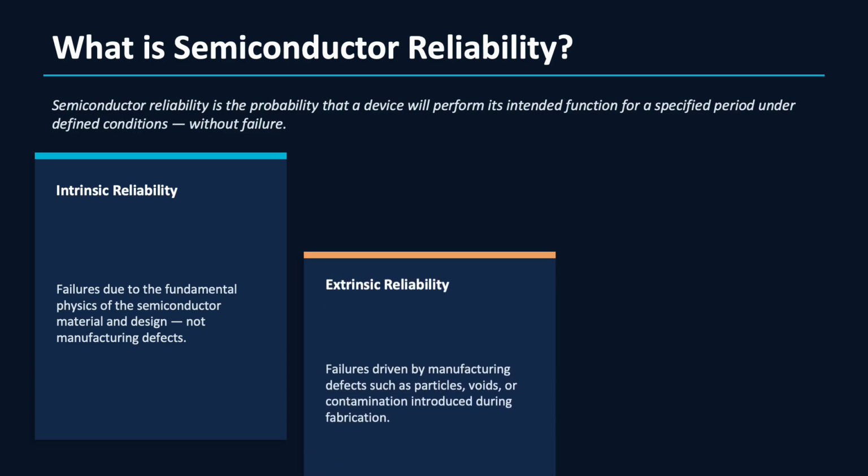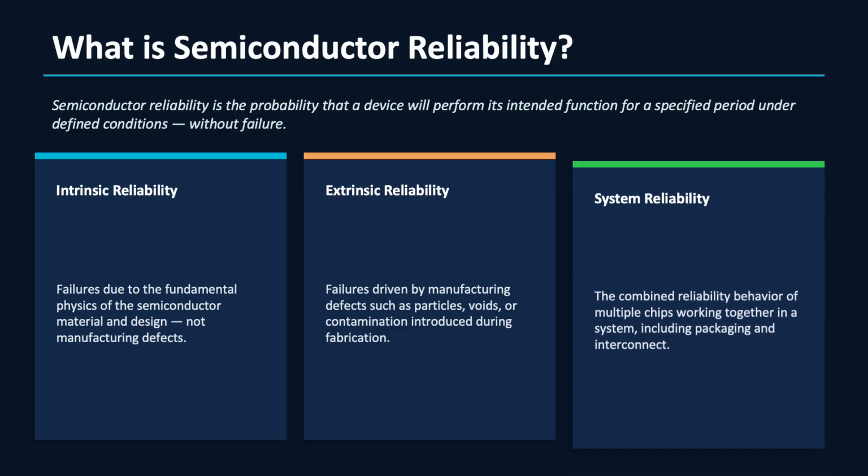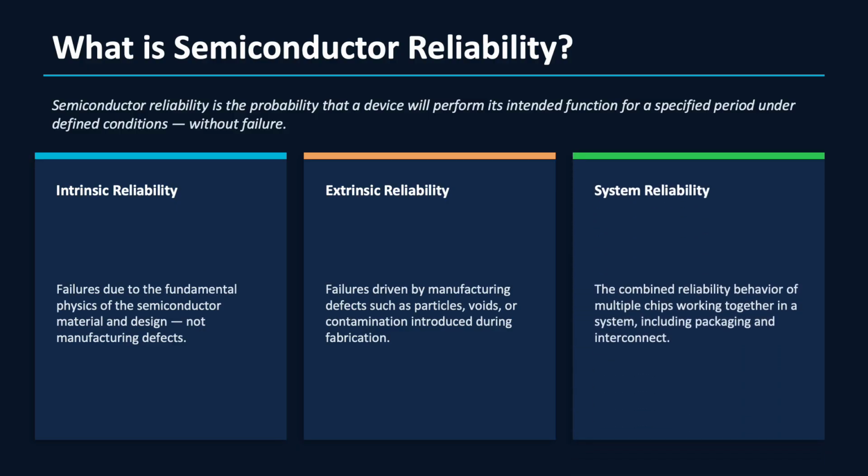The next is, of course, the extrinsic reliability, which is driven by the manufacturing process, like the defects, particles, voids, or contamination during the fabrication process. And the third is called the system reliability, which is a combined reliability behavior of multiple chips working together in a system that includes packaging and interconnect.